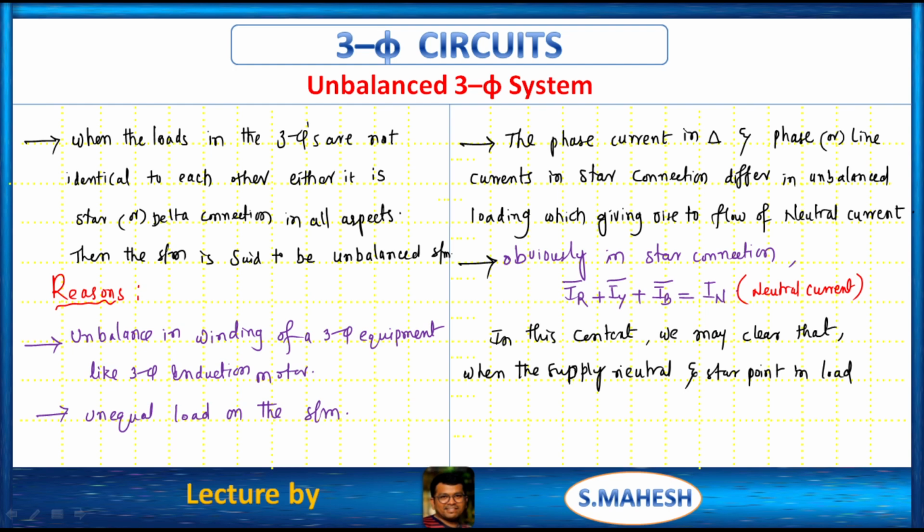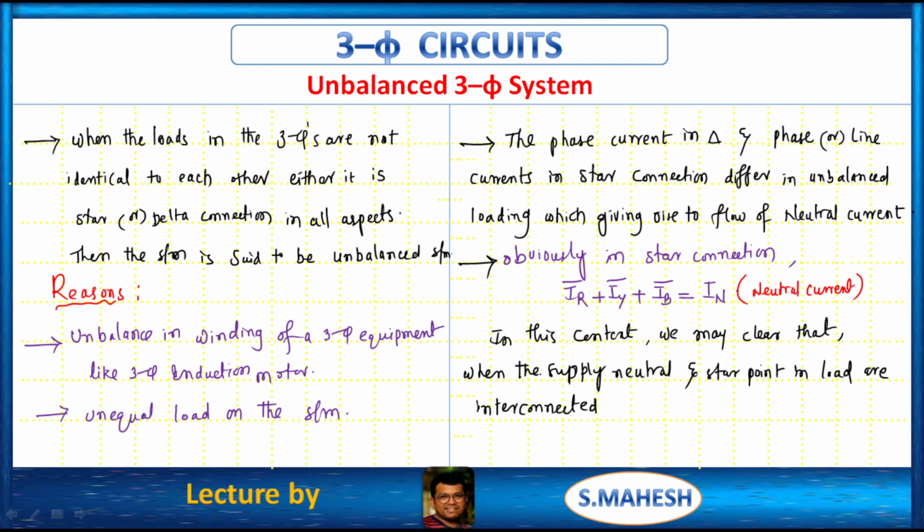When the supply neutral as well as the star point in load are interconnected, obviously we have a separate wire, that is neutral, to return back to the source. Obviously we need a wire to carry IN. So that fourth wire is needed to carry neutral current from load to source.